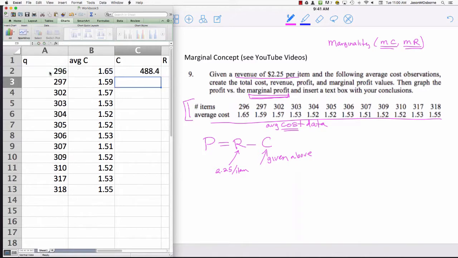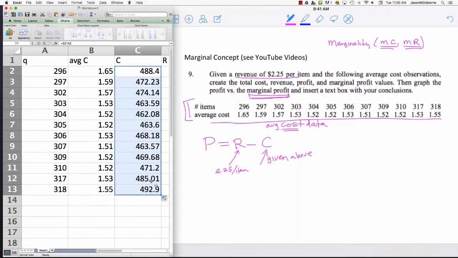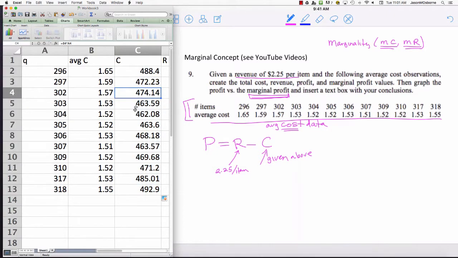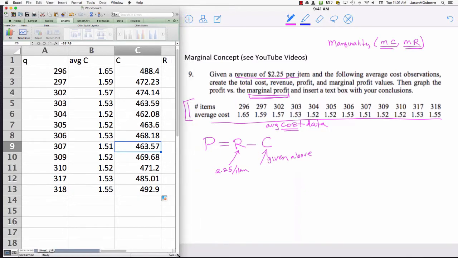So there's your cost, $488.4 to purchase 296 items at an average cost of $1.65. You could drag and drop in Excel down and we now have our costs. For example, here 463.57 to purchase 307 items at an average cost of $1.51 per item. So here you have your cost data, which is a good step in the direction of profit.